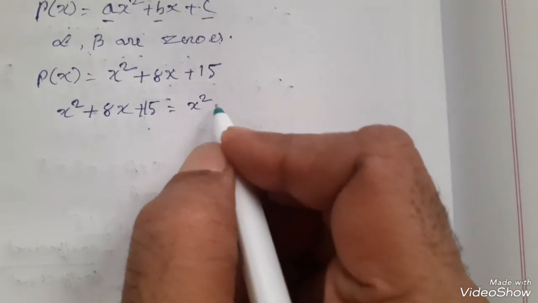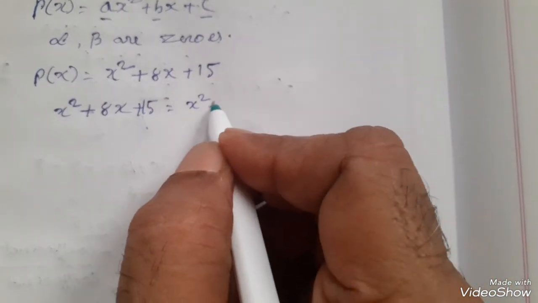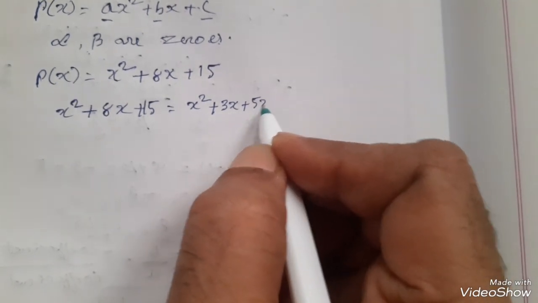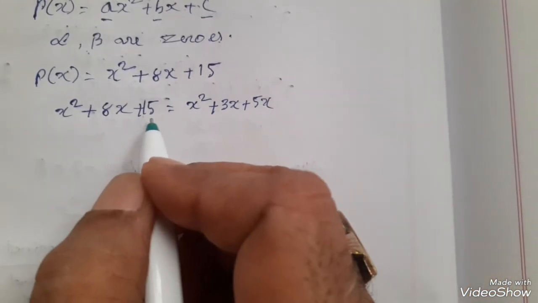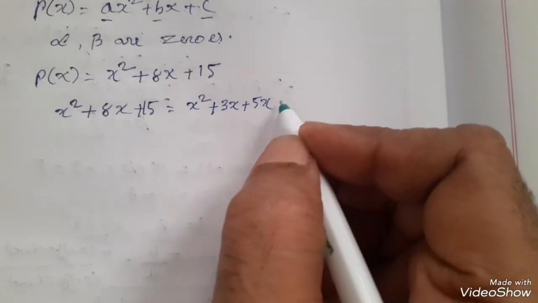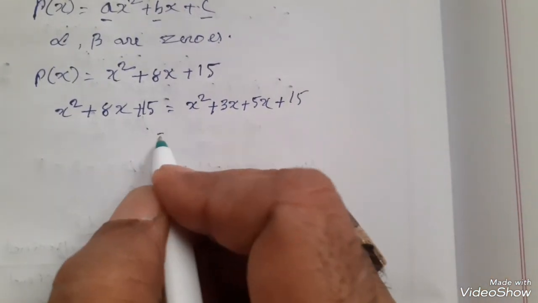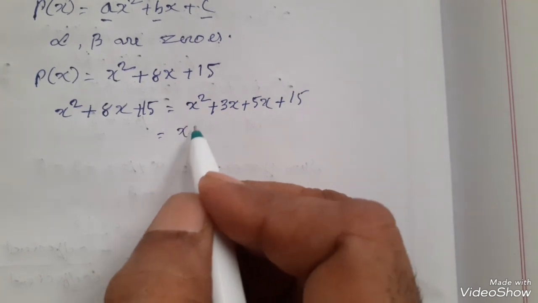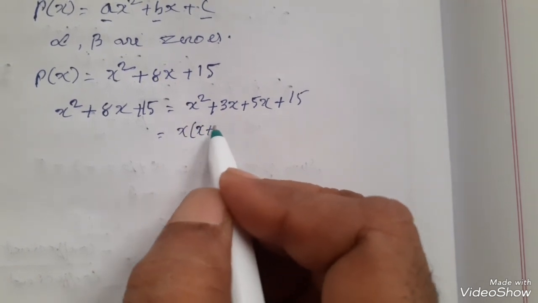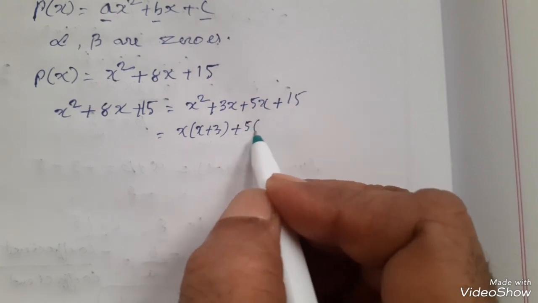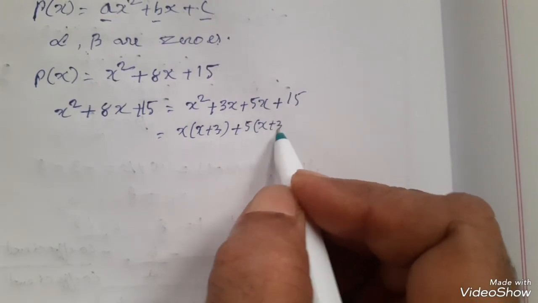So x square plus 3x plus 5x, because 15 factors as 3 into 5, so you can write plus 15. Then if you take x common, we get x into (x plus 3) plus 5 into (x plus 3), so common (x plus 3).